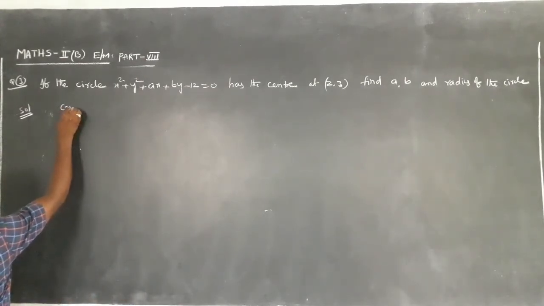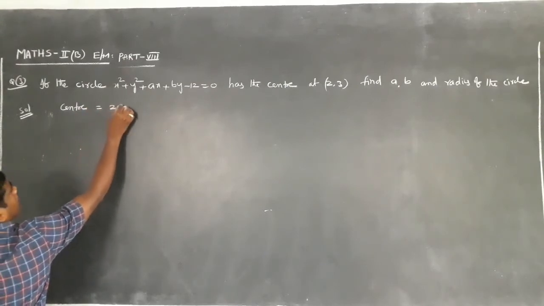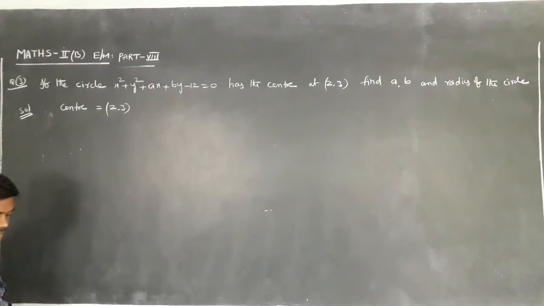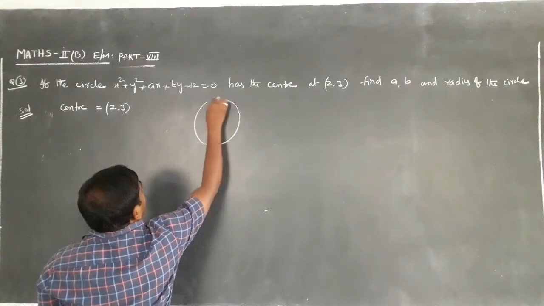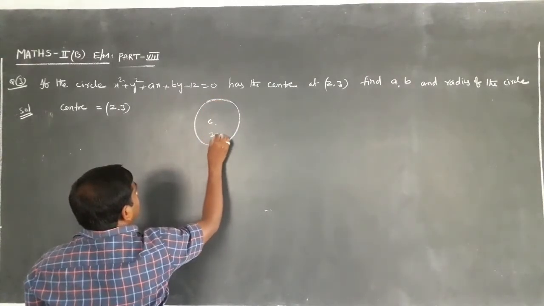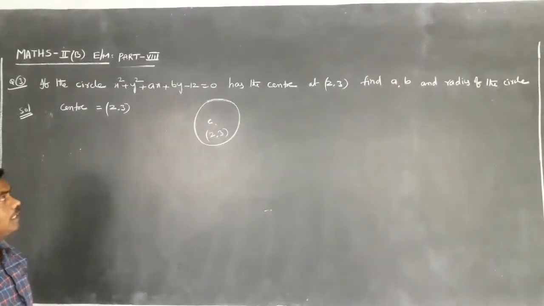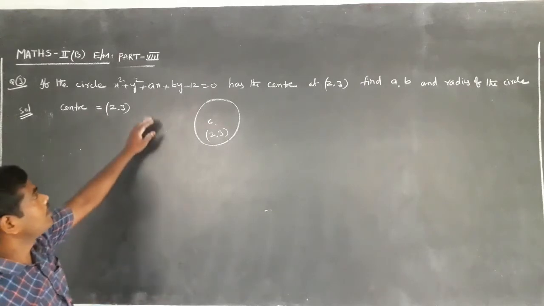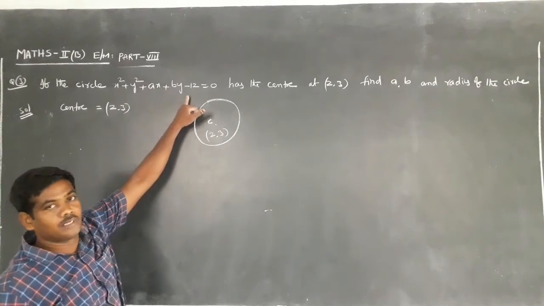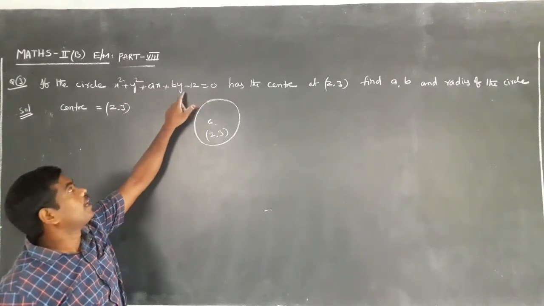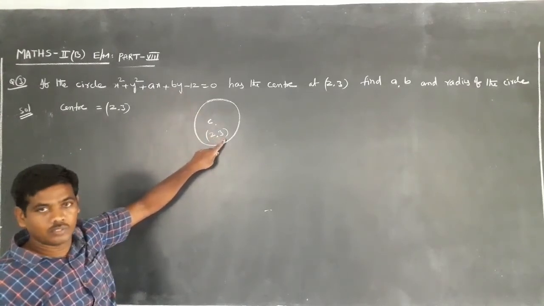Here the equation of the circle is x square plus y square plus ax plus by minus 12 equal to 0, and the center of the circle is 2 comma 3.